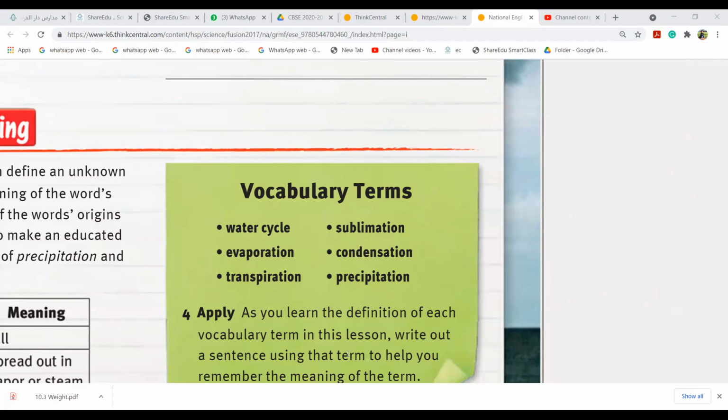Do you know the meaning of everything here? Is there any term you don't know at all? Sublimation, okay. I wish I were in the school to show you this, because anytime I have taught sublimation to my students, I always show them this experiment. Even today, I can just show you on YouTube. You will never forget sublimation after this. Give me a moment, one minute, girls.